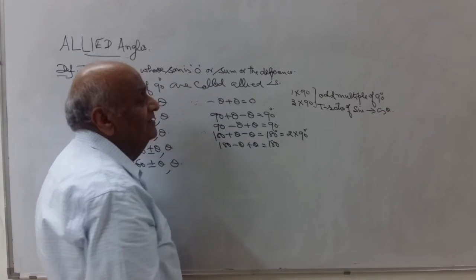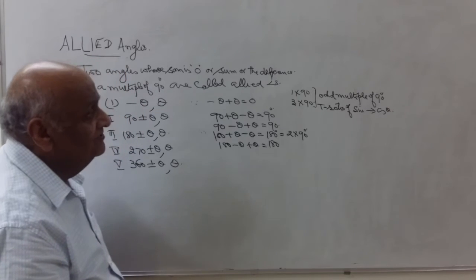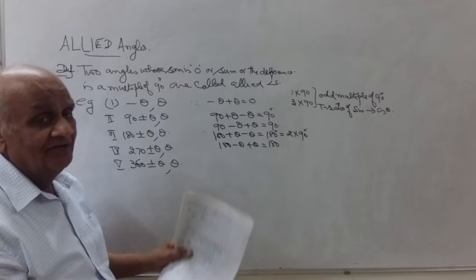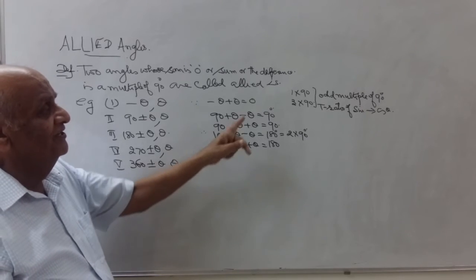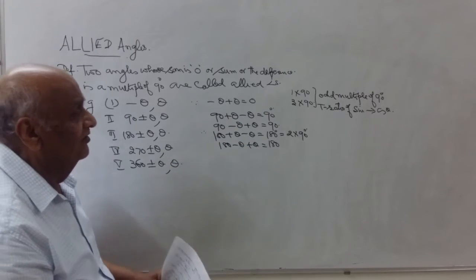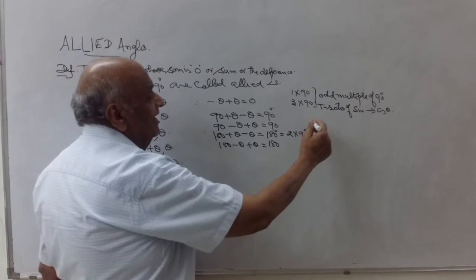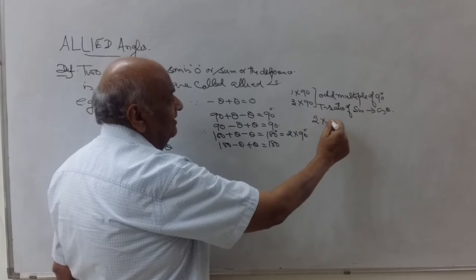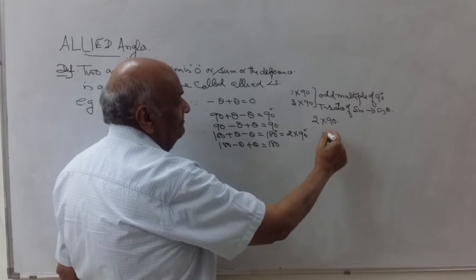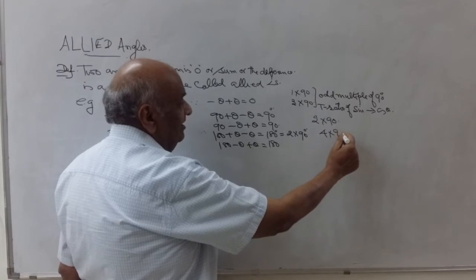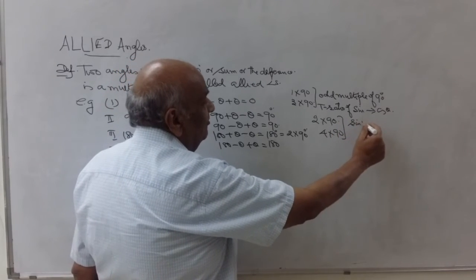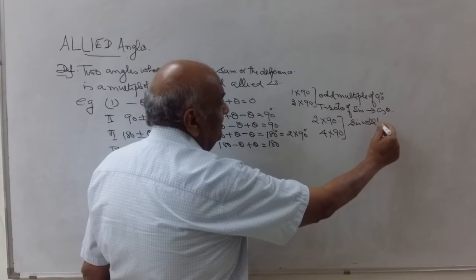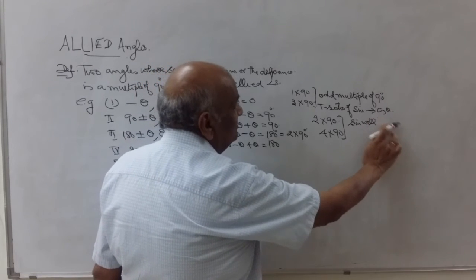This is a simple idea. Okay, whenever you have an odd multiple of 90, T ratio of sine will change to cos. But if we have the even multiple of 90, 2 into 90, 4 into 90, here sine will not be changed.